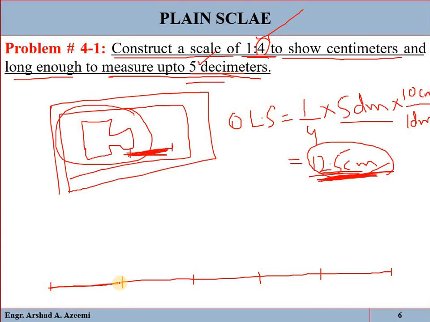If in the drawing you have this much distance, in reality it will be equal to what? 1 decimeter, or 10 centimeter. Okay, so just write here 0, 1, 2, 3, 4 and 1 to this side.